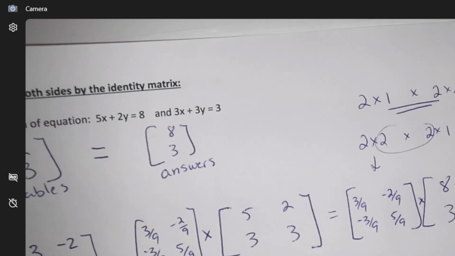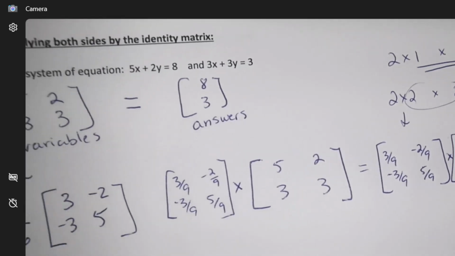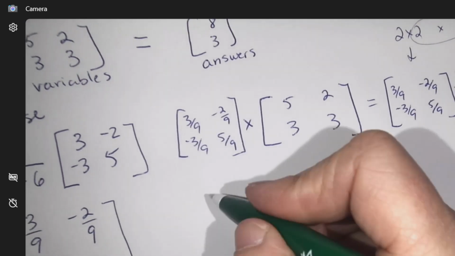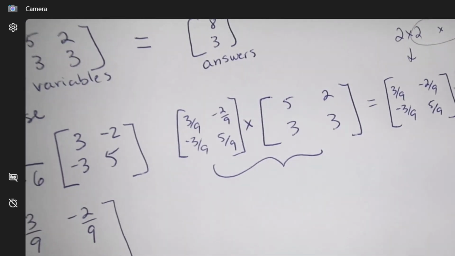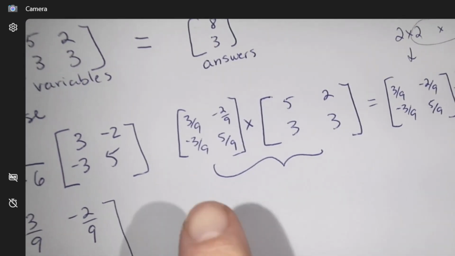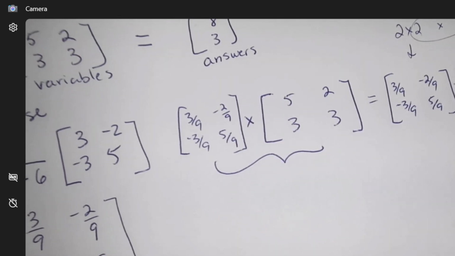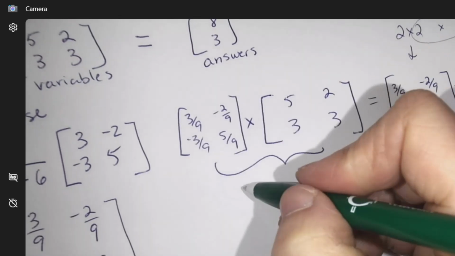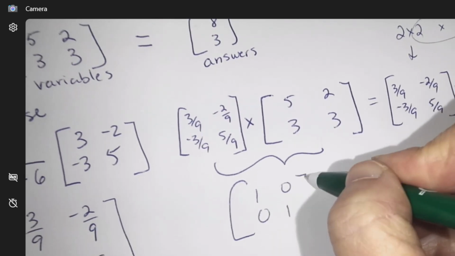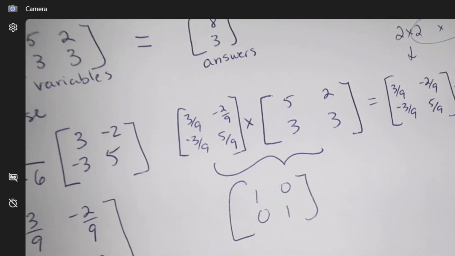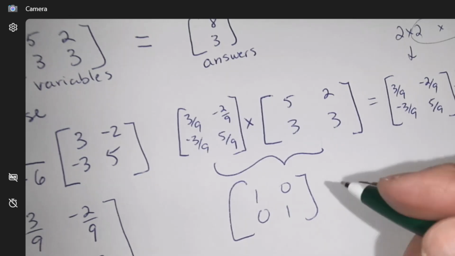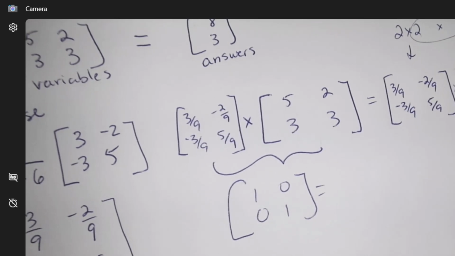So that's why I had to write it in the front. Now we're not going to do this the long way. We know, what does an inverse times its original make? Identity. We just proved that that's going to work.